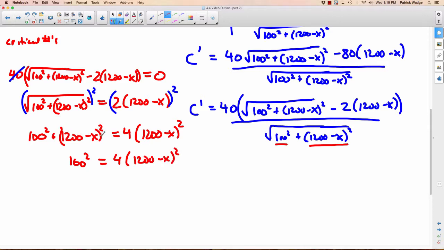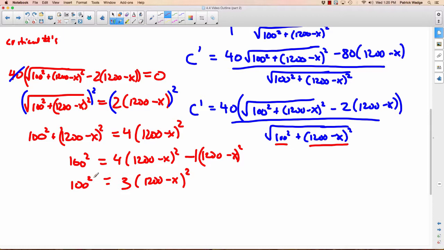Let's move this 1200 minus x all squared over to this side. You get minus 1200 minus x all squared, which means how many of these 1200 minus x's all squared do you have right here? You have one of them. So if you have 4 of those 1200 minus x all squared, take away another one, you have 3 of them, and this equals 100 squared.